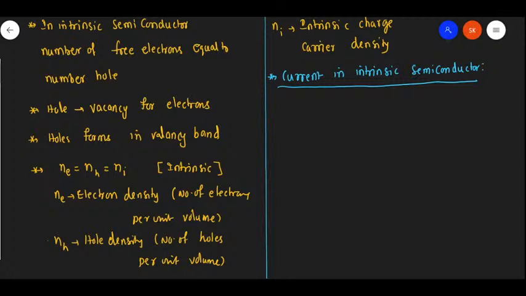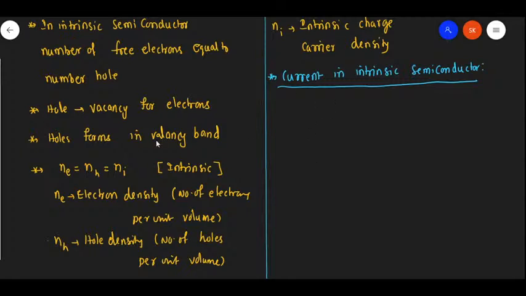What are the charge carriers in the semiconductor? In the semiconductors, not only electrons, holes are also charge carriers. Have you understood this? Is it correct? We are discussing the intrinsic semiconductor, right?